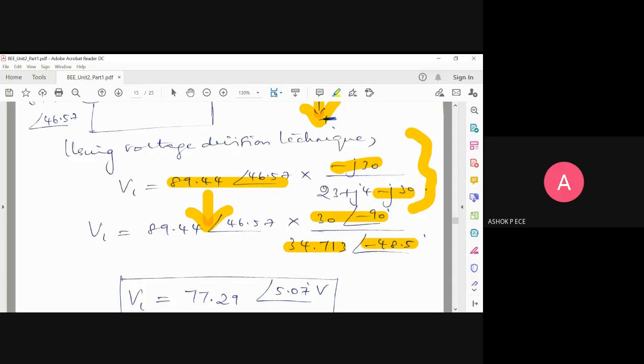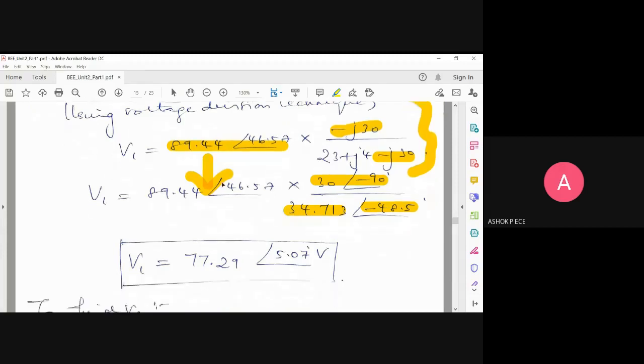See, I have found the magnitude and angle and I have written. You can even cross check once whether you are getting the same magnitude or angle. See here, it is multiplication followed by division. So 89.44 into 30 divided by 34.713, 77.29, 46.57 minus 90, minus of minus.